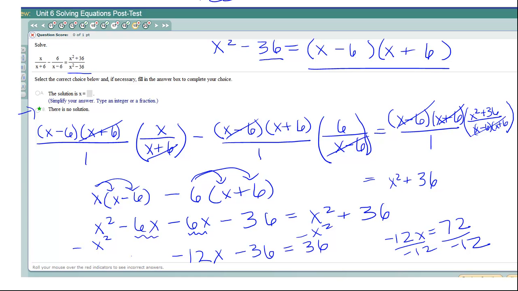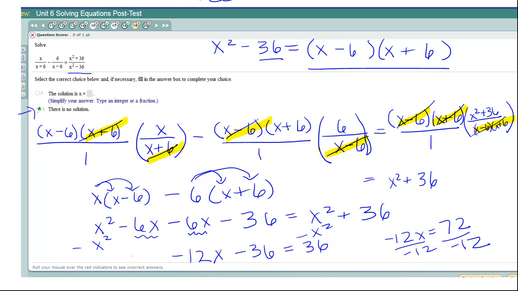Then when I multiplied things out, I canceled this with this, and this with this, and these two with these two. And then I rewrote that correctly, and this would be negative 6 times x plus 6. That looks good.